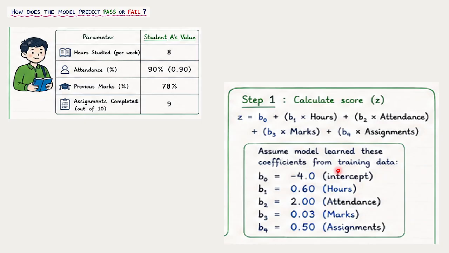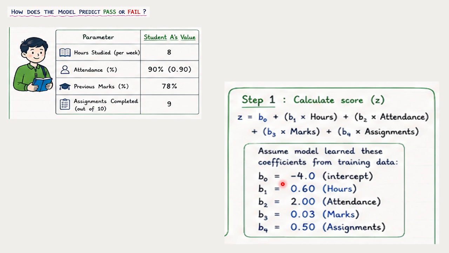As we know, the very first step is to calculate the linear score z. For this, we use our formula: z is equal to b0 plus b1 x1 plus b2 x2 and so on. Now we assume that the model has already learned its coefficients from the training data. The model has calculated these values internally during training.